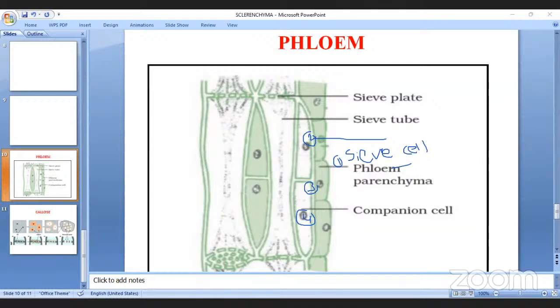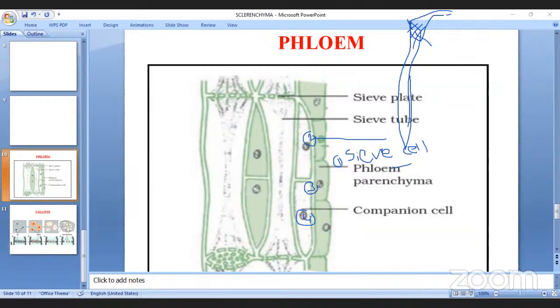The simple, somewhat narrow cell, and here sieve areas are there, another with sieve cells like this. This is a sieve area. Through the sieve area, plasmodesmata connect one cell to another, right?